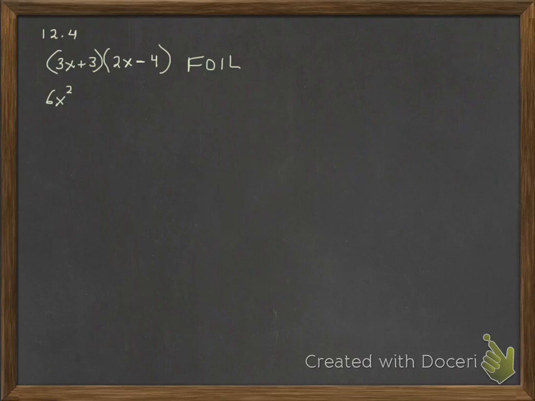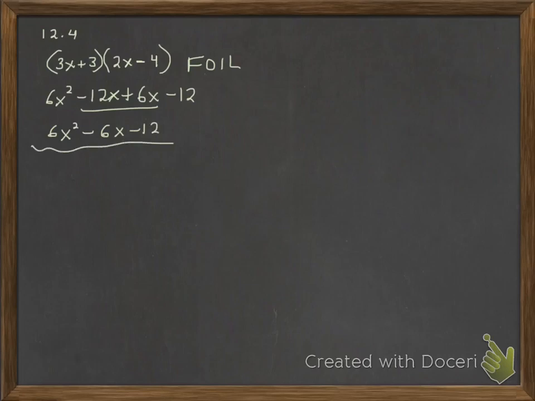For our first terms, outer terms would be minus 12x, inner terms would be plus 6x, last terms would be minus 12. Combine my middle terms. Whether you do this mentally or written down, it doesn't matter. 6x squared minus 6x minus 12. It's one idea, review idea.